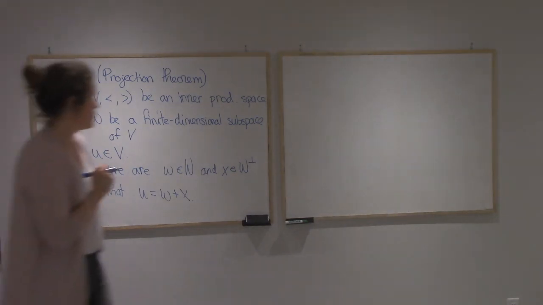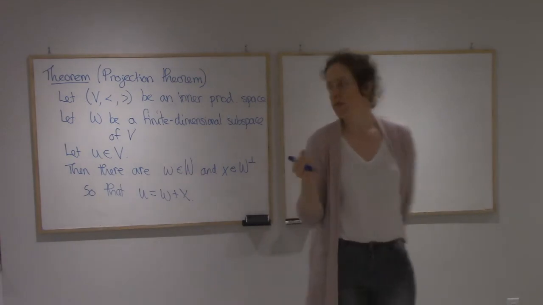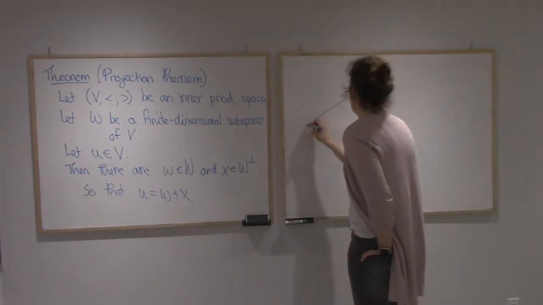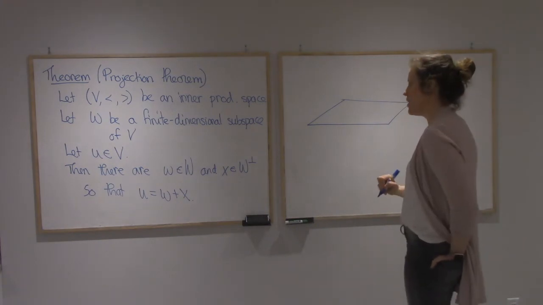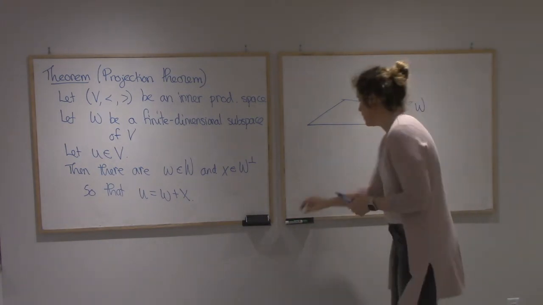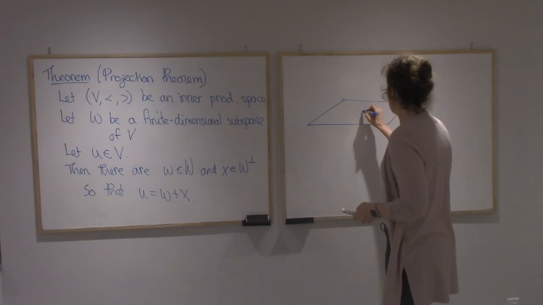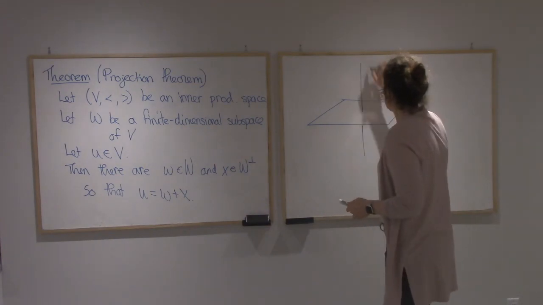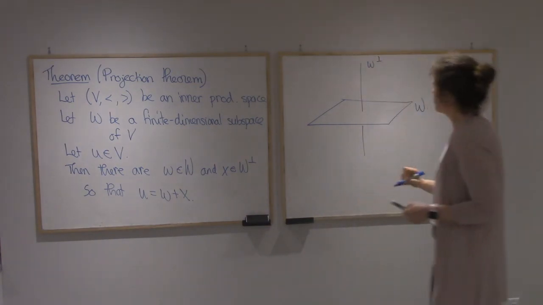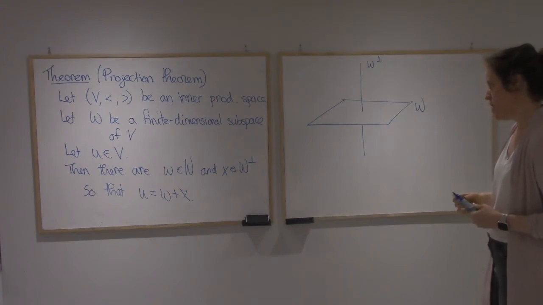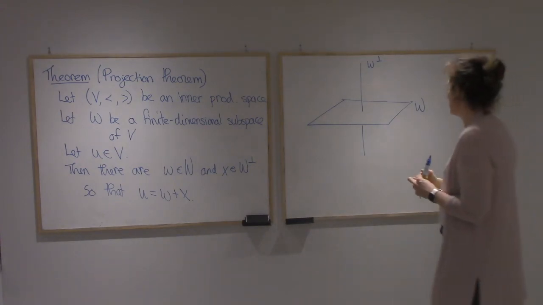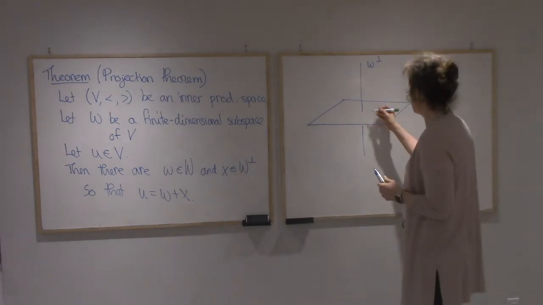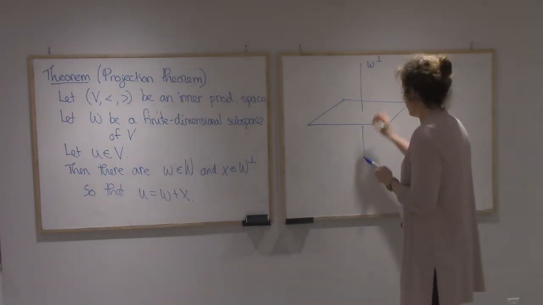All right, perfect. So this means that if I have W here, I'm going to draw W perp as a line. I'm pretending we're in R3, but really the picture could be in any dimension. I have U in V, so V is the whole space, so I have some vector here.